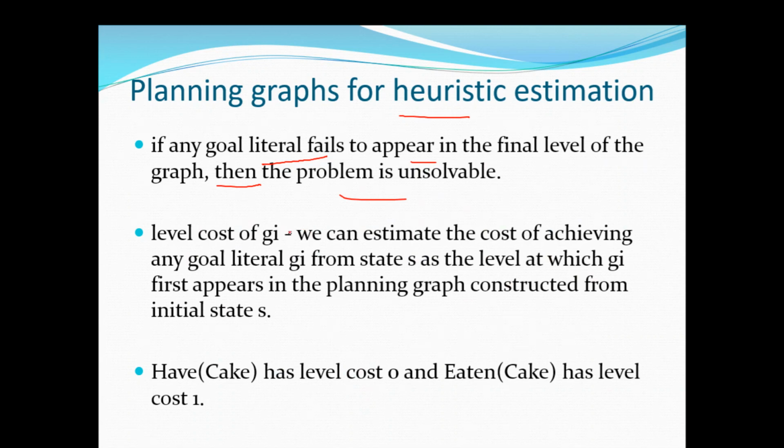That is one observation. And there is something called the level cost of GI. This level cost of GI is an estimate.